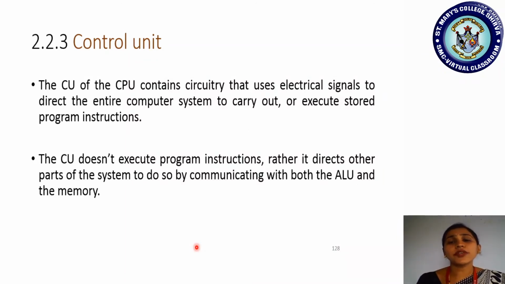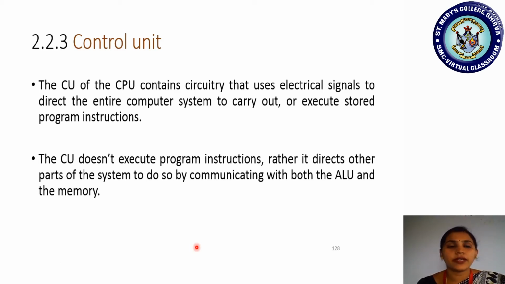It is a circuitry which guides the entire computer system. With the help of its signals, it tells where the input has to flow, where the output data has to flow, and as soon as the memory is holding the processed data, where the data has to be shifted or transferred. All such functions are handled by which one?